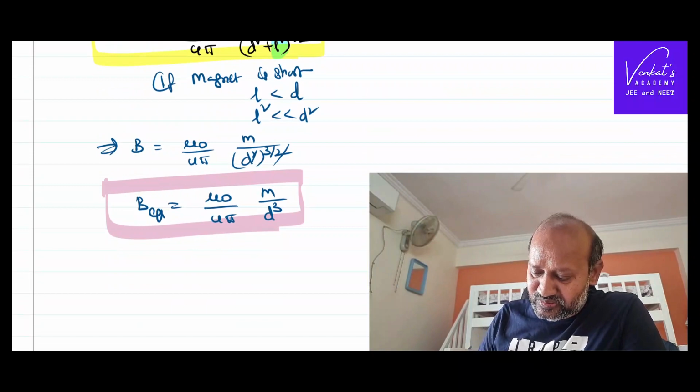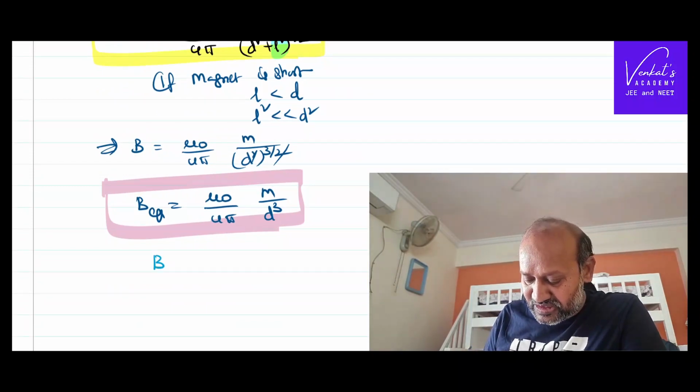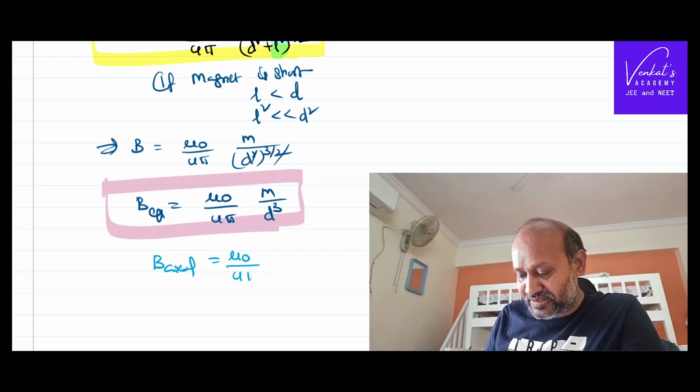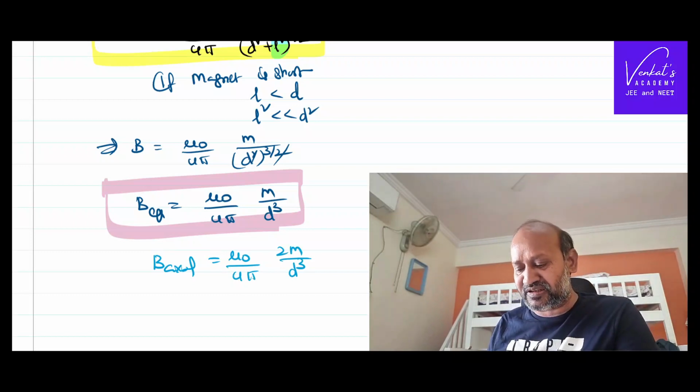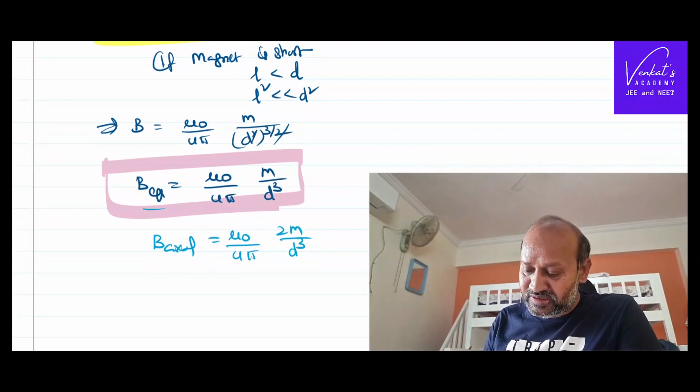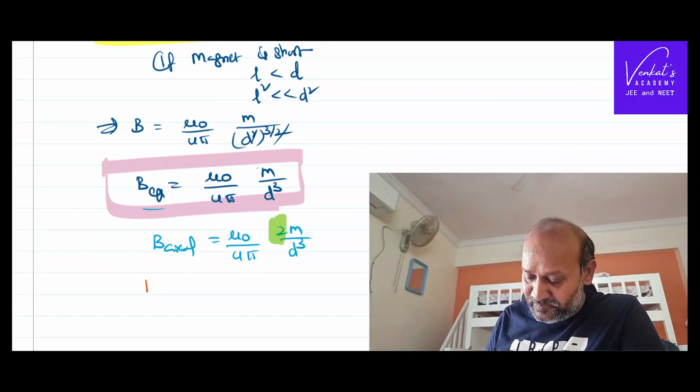I want to tell you that in the previous video I derived magnetic induction on the axial line. For a short magnet, its value is mu naught by 4 pi, 2M by d cube. Just refer to the previous video. But for the equatorial line, that 2 is missing; there is a 2 extra on the axial line. So what is the relation between them?